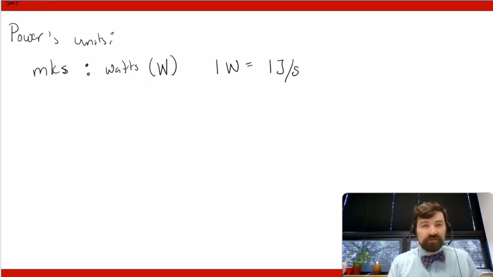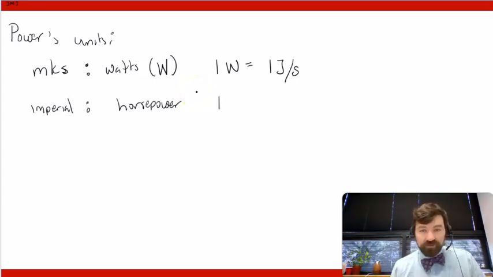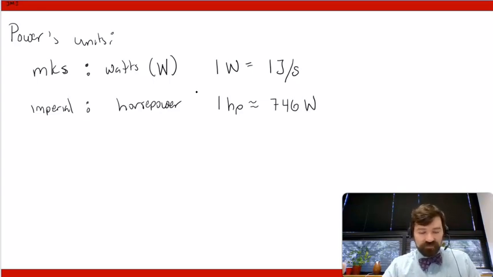Well, there's two other commonly used ones. There's the foot-pound per second version, but the other commonly used one, also from the imperial system, is the horsepower. Now, 1 horsepower is approximately equal to 746 watts. 745.6999 watts for what it's worth, but roughly 746 watts.